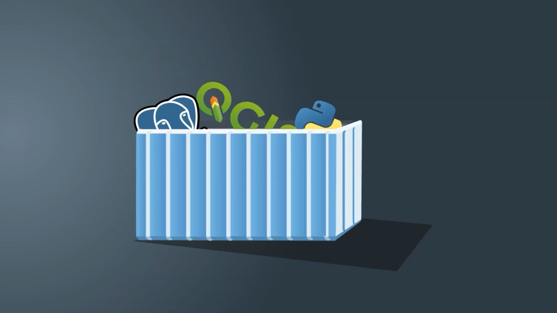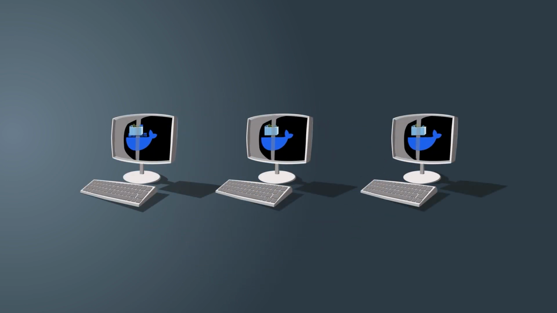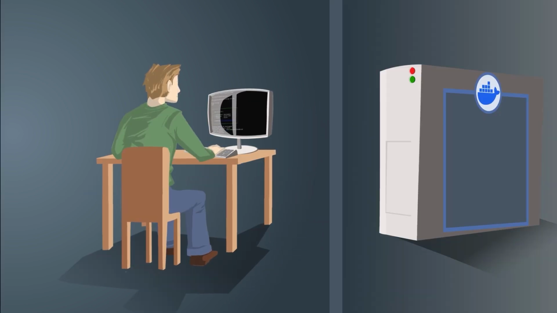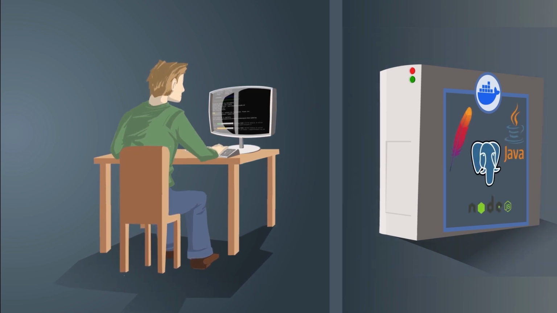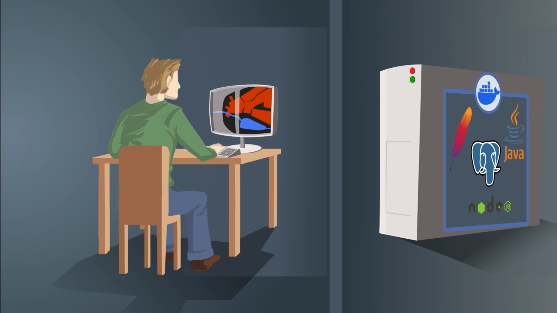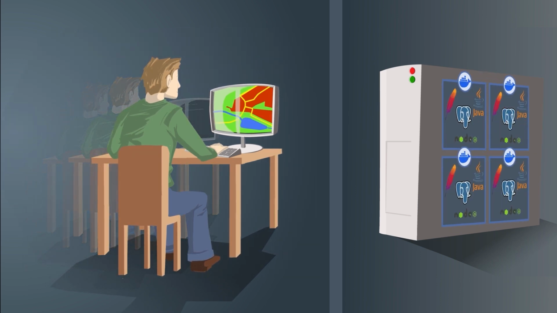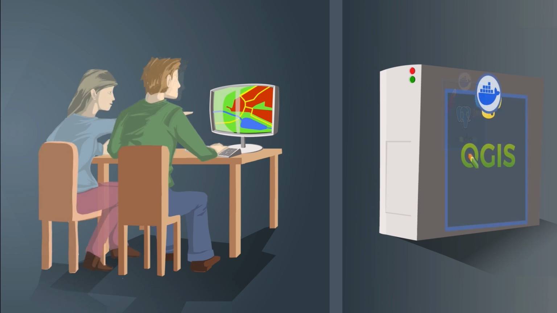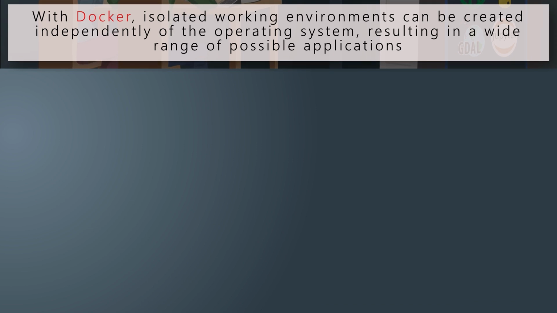Docker enables the provision of entire application environments on different systems using isolated containers. The development and implementation of sophisticated geographic information and analysis systems are thus facilitated. Moreover, isolated Docker containers open up diverse possibilities for learning and experimenting with geospatial data.